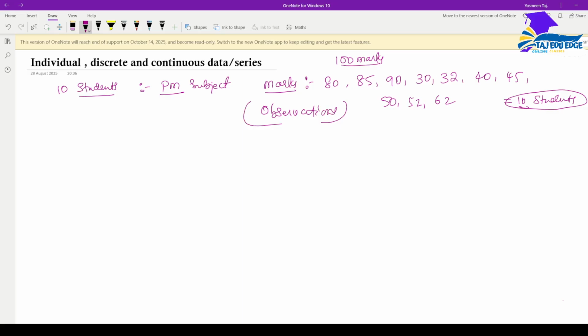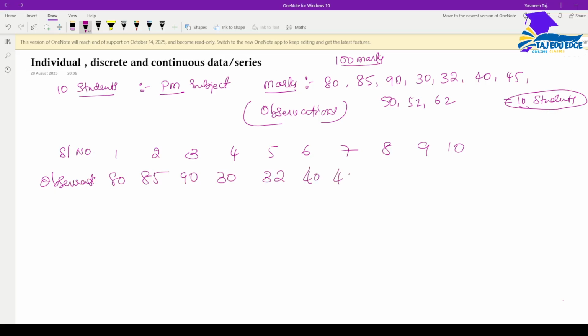So here, I am putting the observations with a serial number, 1, 2, 3, 4, 5, 6, 7, 8, 9, 10. This is just a serial number I am writing, and the observations are 80, 85, 90, 30, 32, 40, 45, 50, 52, 62.